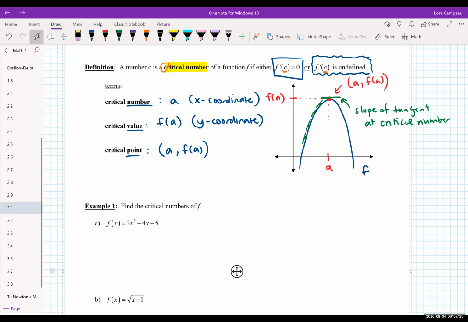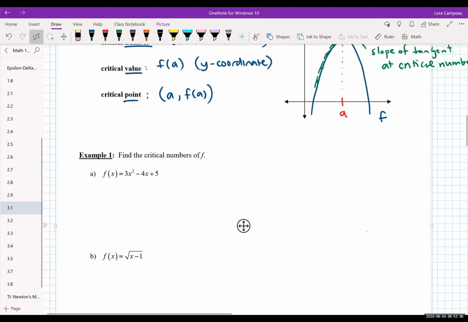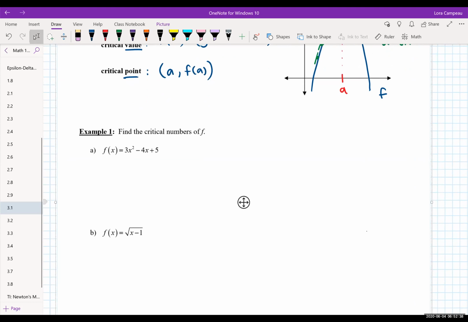So we have a few new definitions, bringing the calculus back. Now let's apply this to some of the functions that we've already explored in our algebra class. Example 1, find the critical numbers.